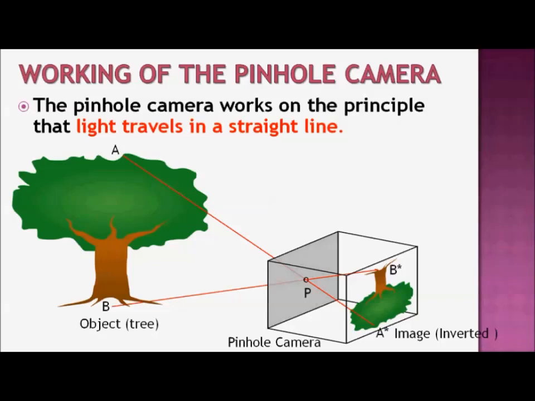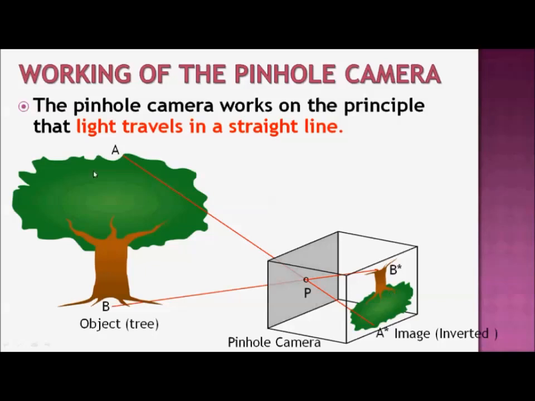In the same way, each point on the tree AB forms its corresponding image on the screen between the points A star and B star. In this way, the image A star B star of the tree is produced on the screen.